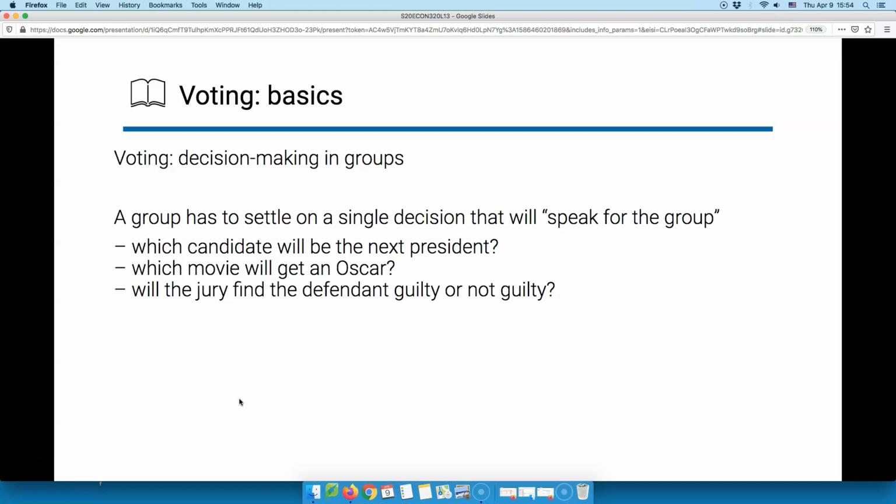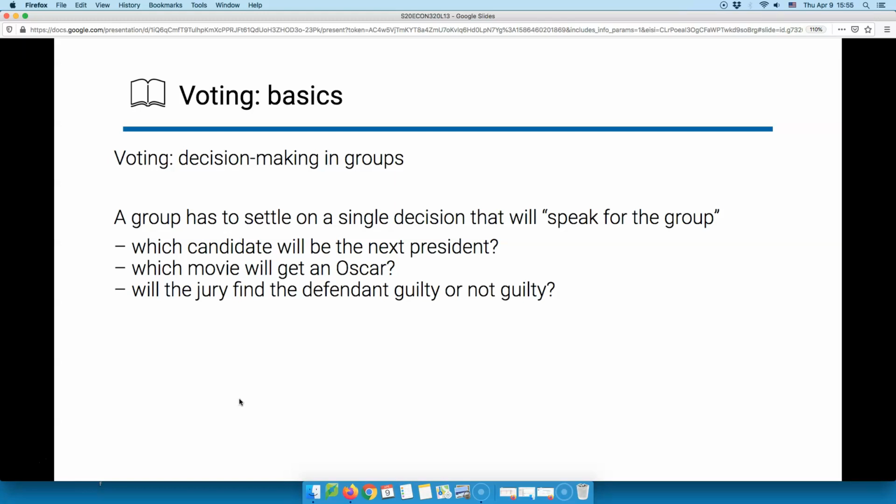So when members of the Academy meet and decide which nominee will actually win the nomination, they also have to use some kind of procedure in which they will, as a group, determine who is the winner. Or if the jury needs to vote on whether finding the defendant guilty or not guilty. There's also a particular voting rule involved in that kind of situation. So basically, we're going to be looking at decision making in groups.